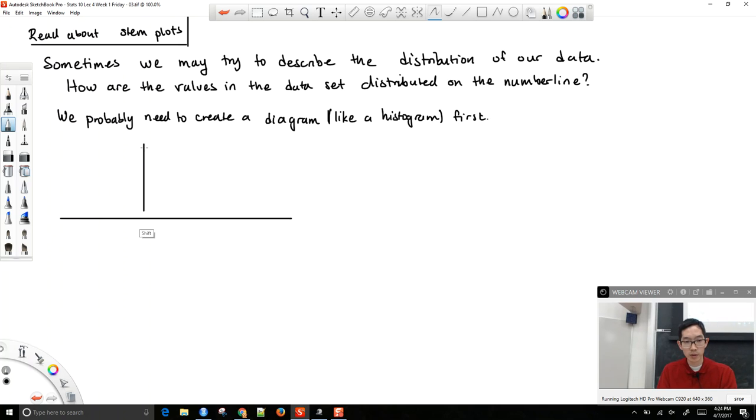And so, just imagine we have a histogram that looks kind of like this.